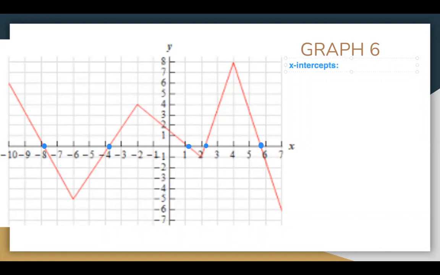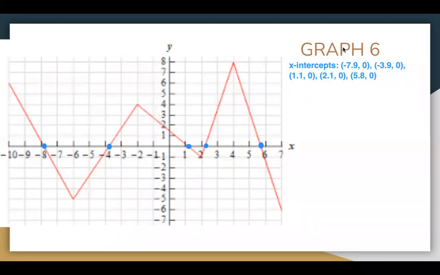So I'm just going to estimate those. Right before -8, so let's say that's -7.9. Right before -4, so let's call that -3.9. Right after 1, so let's say that's 1.1. Right after 2, let's say that is 2.1. And before 6, I'm going to call that 5.8.